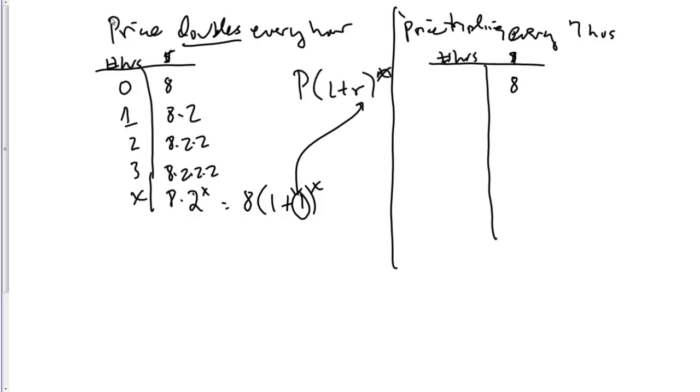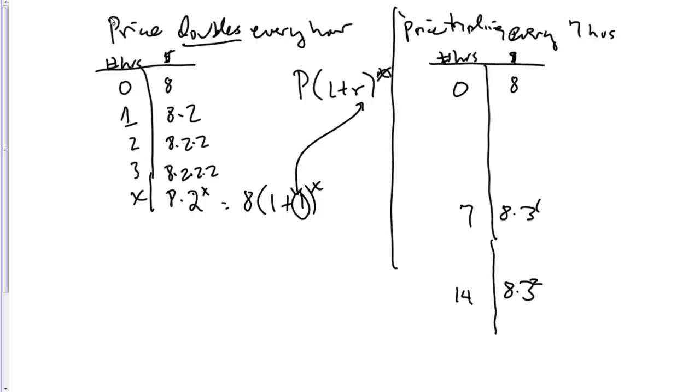Well, we start with 8 at 0 hours, and we know that every 7 hours it's going to triple. So at 7 hours, we're going to get 8 times 3. And after 2 times 7, or 14 hours, we're going to have 8 times 3 times 3, or 3 squared.